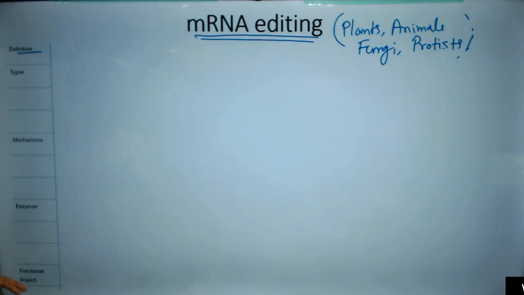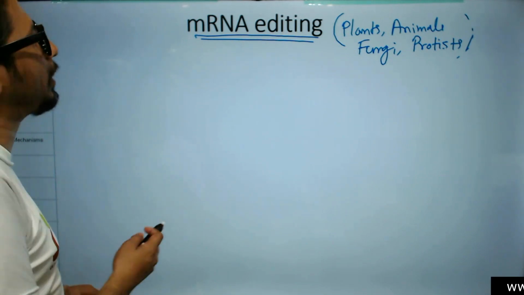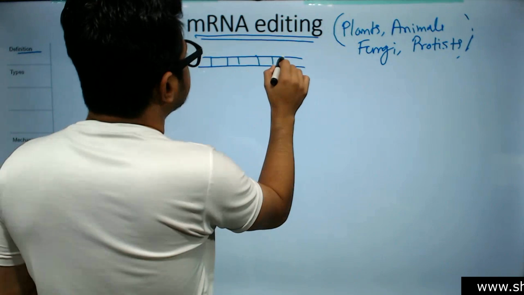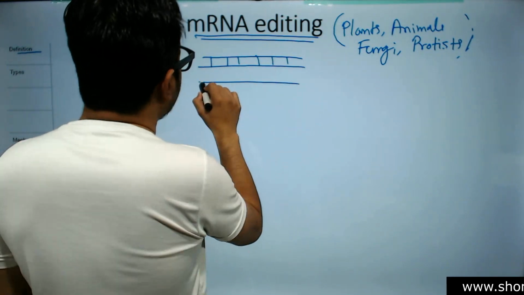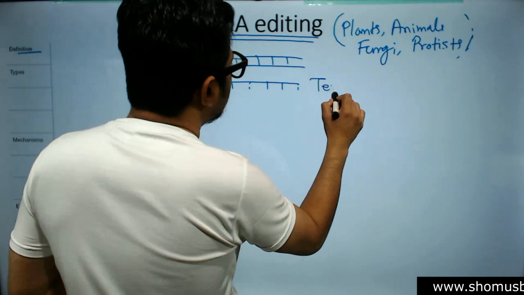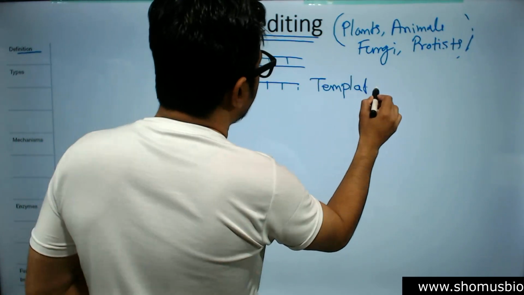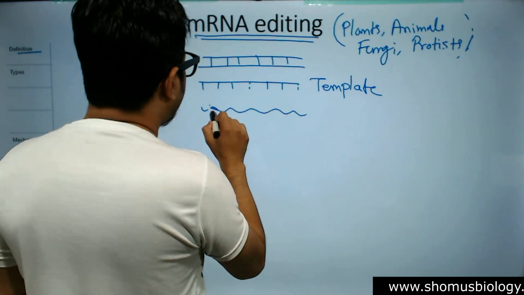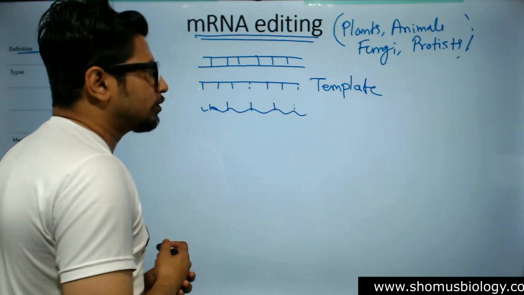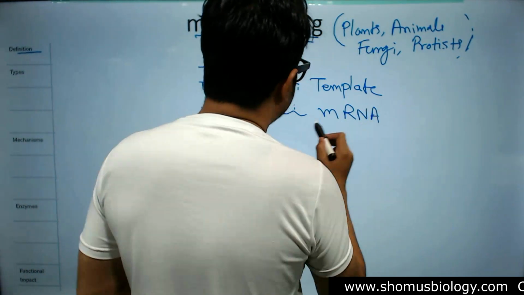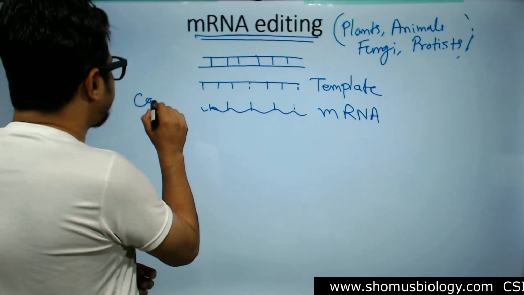The functional impact of RNA editing is important because of the information present in the DNA. Let's say this is the DNA, and one of the DNA strands is acting as the template strand for RNA. Whatever the template has, the RNA will have a complementary structure to that. So this is the mRNA, and this structure should be complementary, right?